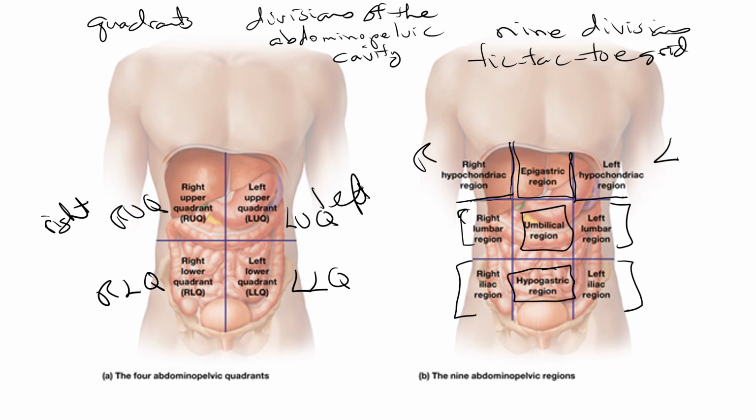So in the 9 divisions, you have the right and left hypochondriac regions and the epigastric region, then below that the right and left lumbar regions, the umbilical region in the middle, and below that the right and left iliac regions and the hypogastric region in the middle. And there you go. There's the overview of the directional terms, planes and sections, body cavities, quadrants, and 9 abdominopelvic regions.